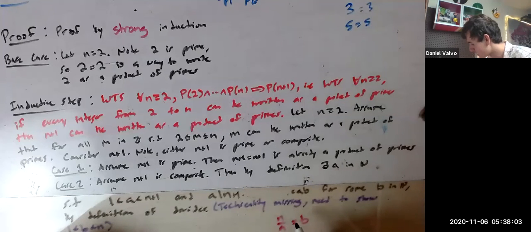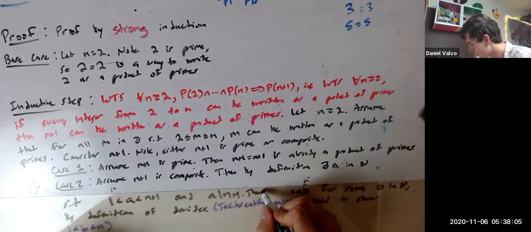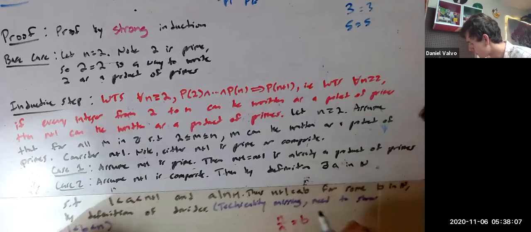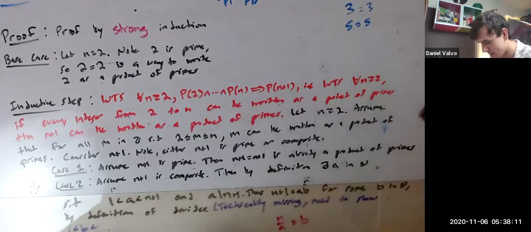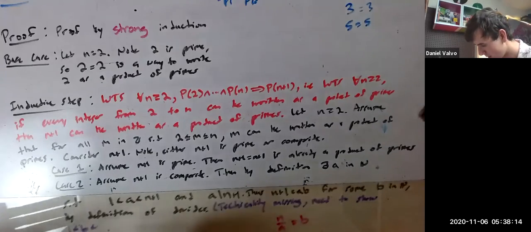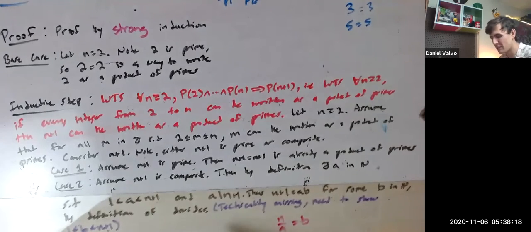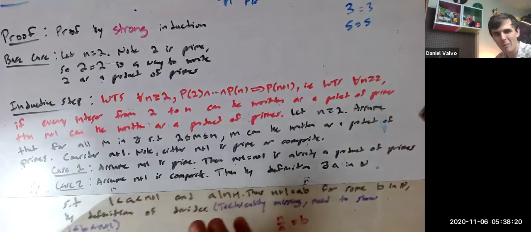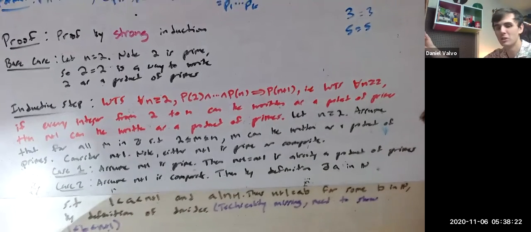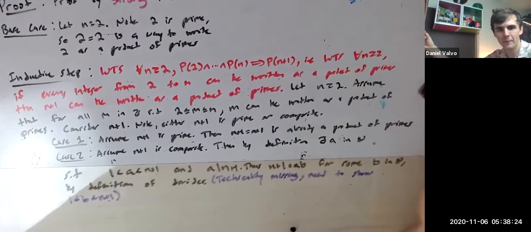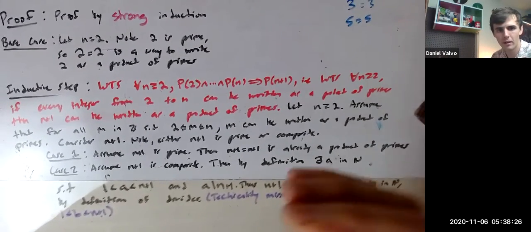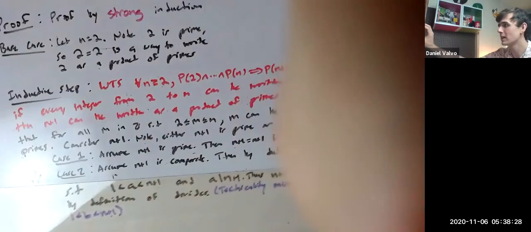So a divides n+1. Thus, n+1 equals ab for some b in N. So we want this to be less than n+1. The point is we can show it easily based on this. I don't want to waste our time doing that. Let me know if you want to see that later. So here's the key though.